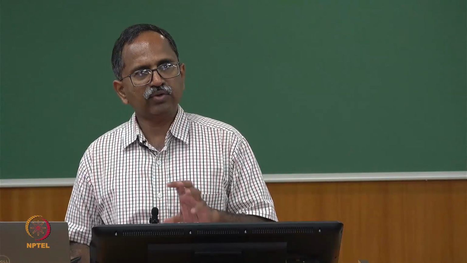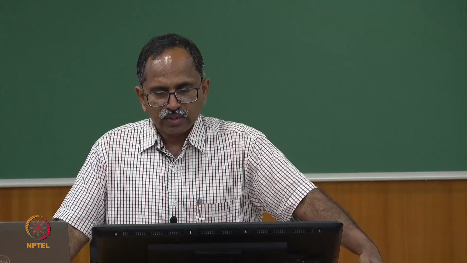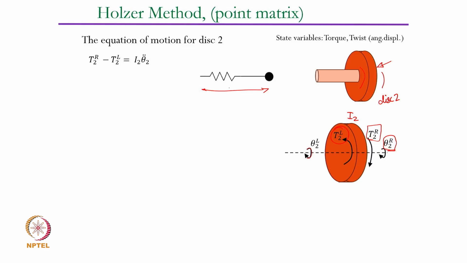But the disc is an inertia, so in a dynamic condition during your vibratory motion, the disc is going to have its own inertia, right. So again we apply Newton's law and try to figure out the relationship between these state variables. So what we do is, the net torque across the disc should be equal to mass times inertia.